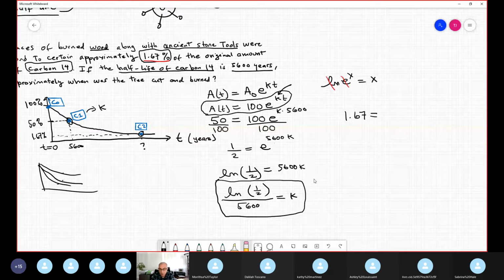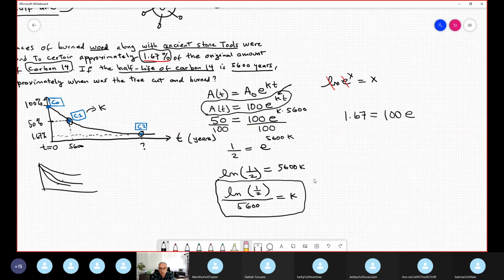But no. You put 100 here, e to the k, where k is this value. And t, which is the time that I don't know. Okay. So I need to do something in order to isolate t. You divide both sides by 100.